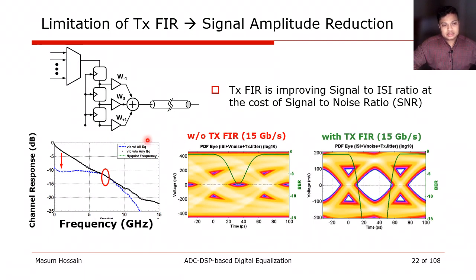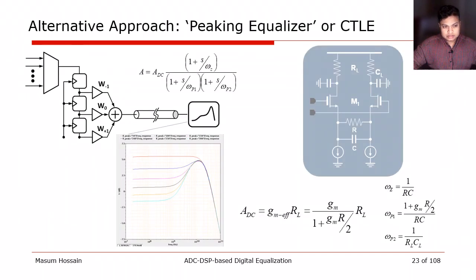However, extending this technique to higher data rates can be challenging because to compensate for higher loss, we are further reducing the DC component to flatten it out, and as a result, my eye amplitude keeps reducing. Therefore, an alternative approach could be a peaking equalizer, or CTLE.